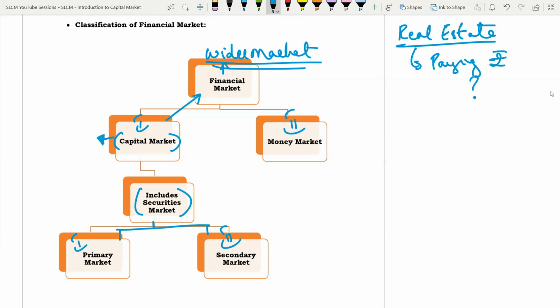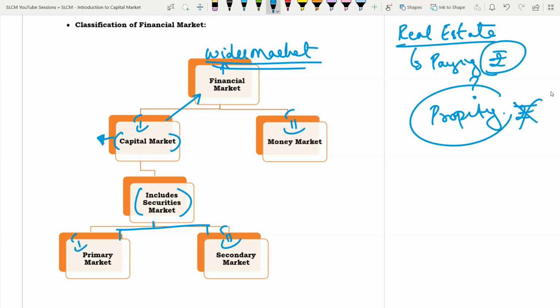But in return, what are you getting? You're getting some kind of property. So the return on your money is not money by itself, but some other kind of commodity or product. That is why they do not come under the definition of the capital market, coming under the purview of the financial market.